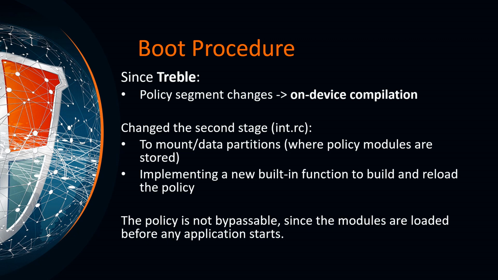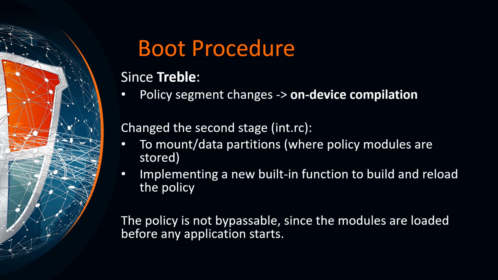The first stage mounts the essential partitions alongside some other partitions specified as early mount. In Android 10 it uses an fstab file in the first stage RAM disk. In Android 9 and lower, adding fstab entries, the partitions are mounted.